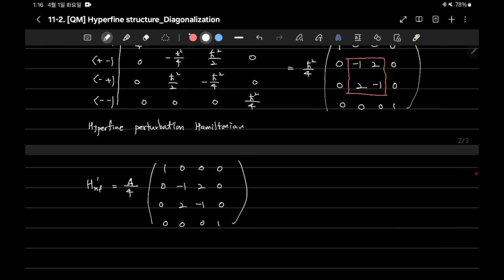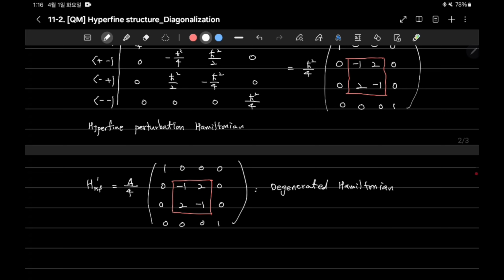Here it is degenerated. It is kind of a degenerated Hamiltonian.